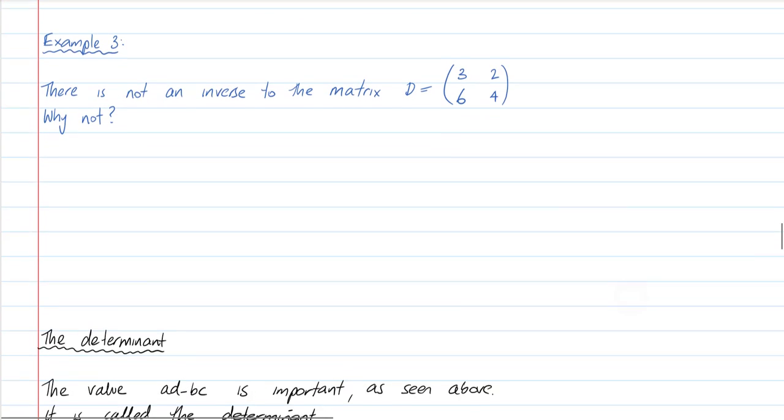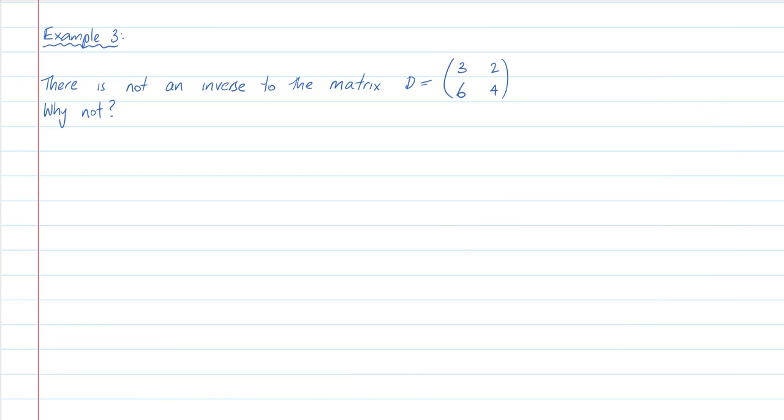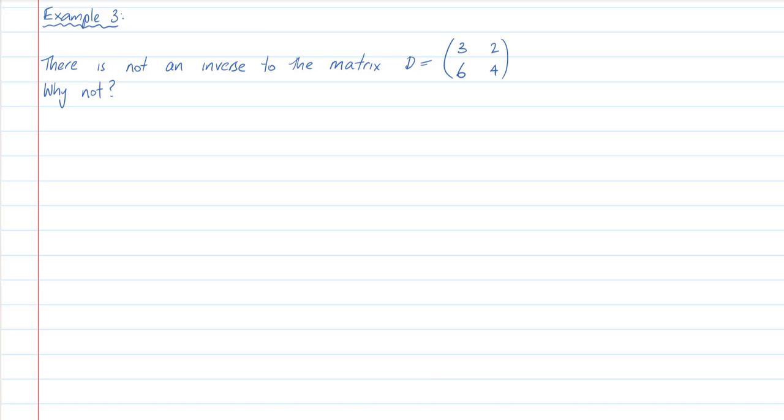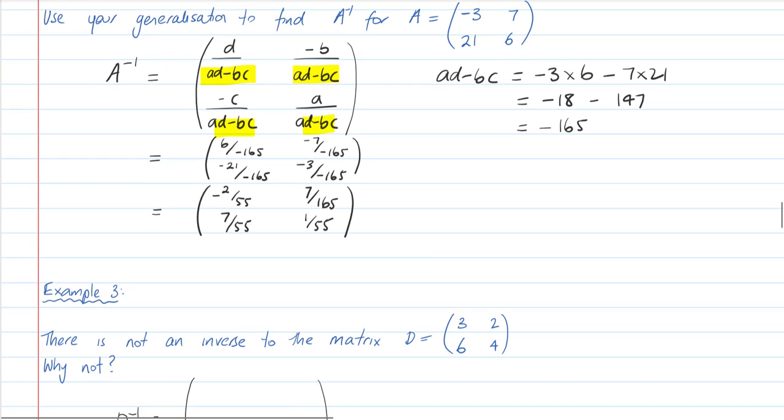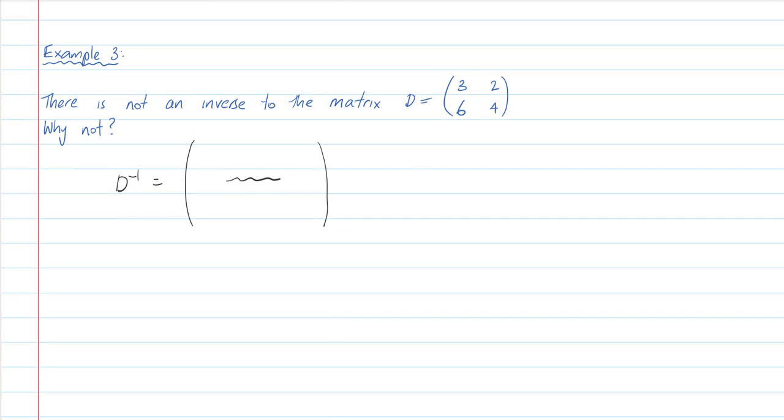You can already see example 3 where I'm going to finish this video, and then in the next video we'll talk about the determinant. There is not an inverse of the matrix D. Why not? Well, let's imagine there was, and just start finding it. If we wanted to find D inverse, it would be equal to that big horrible thing which we've got up here. I'm not going to copy it across. But remember, we started by finding AD minus BC.